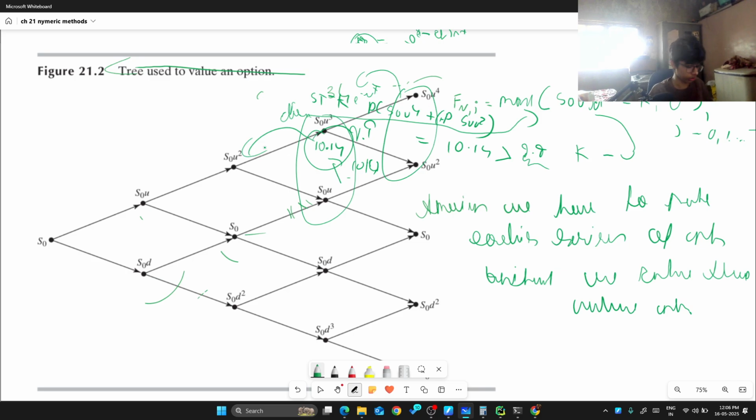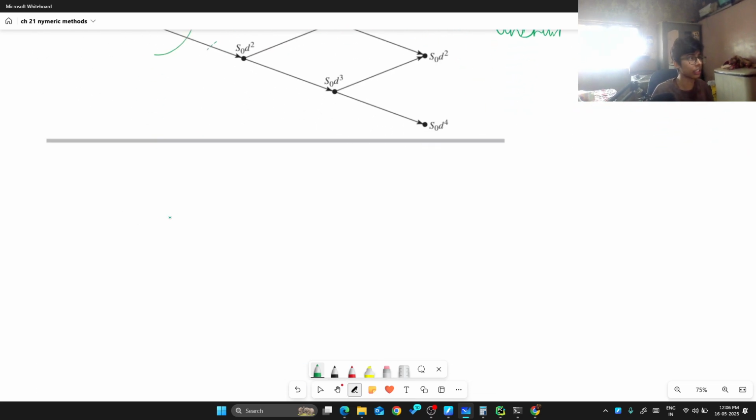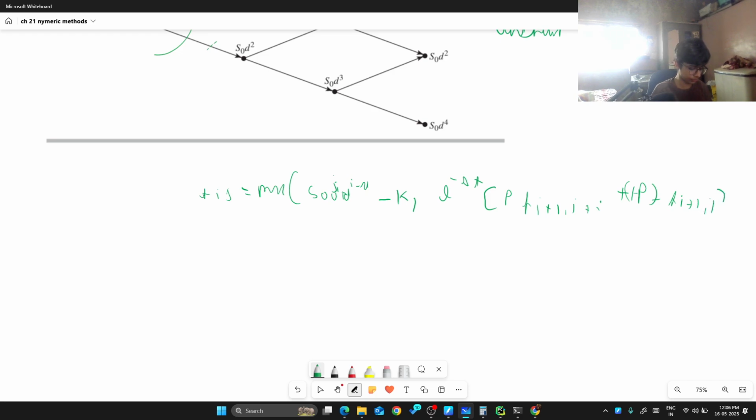And that's why, for the generalized case, we compare it like F(i, j) equal to the maximum of S0 u^j d^(i minus j) minus K, or the discounted binomial formula, p times F(i plus 1, j plus 1) plus 1 minus p times F(i plus 1, j).